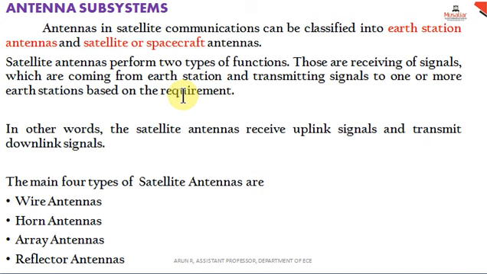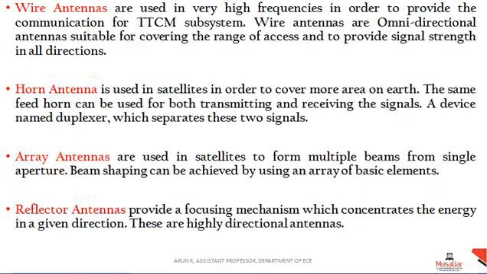Wire antennas are mainly used for high frequencies to provide communication for the TTCM subsystem, tracking, telemetry and command, and they are omnidirectional antennas, suitable for covering range and providing signal in all directions. Whereas a horn antenna is used to cover more area on earth, and the same feed horn can be used for transmitting and receiving signals, with a duplexer that separates the transmitting and receiving signals.